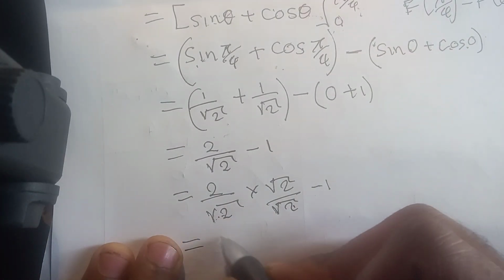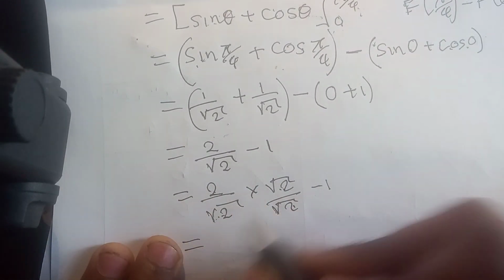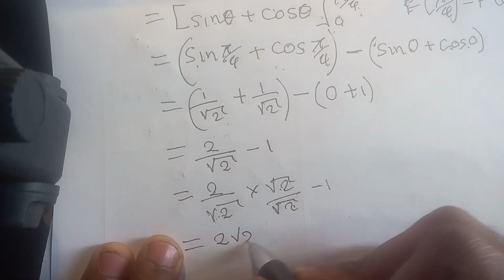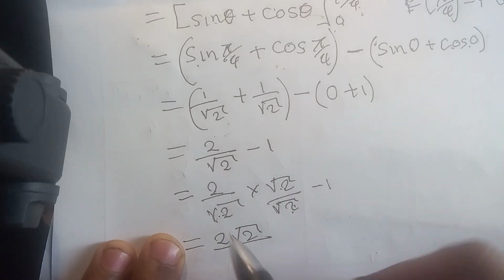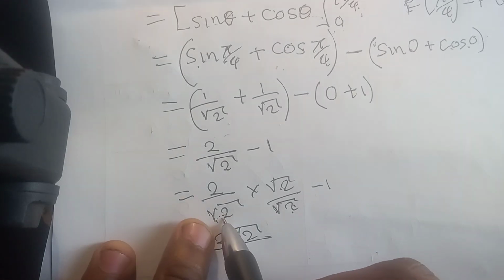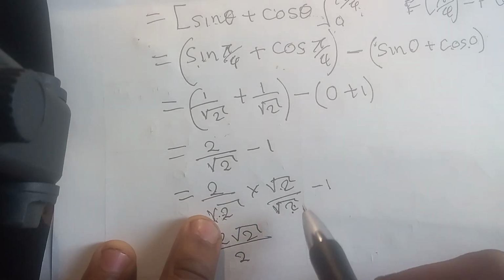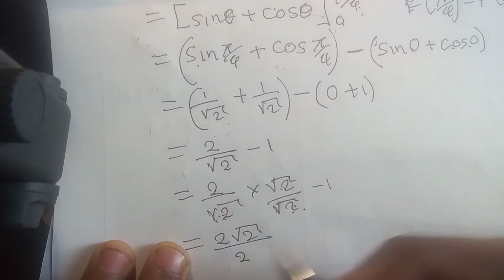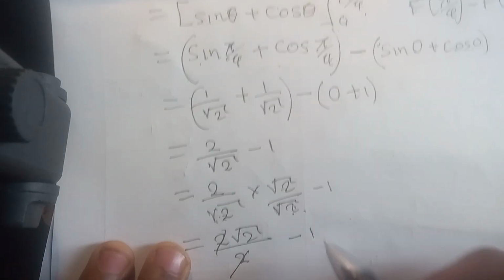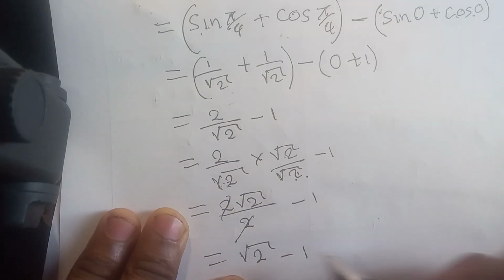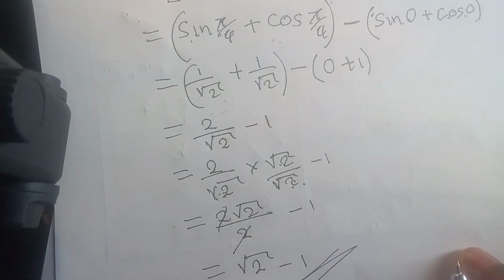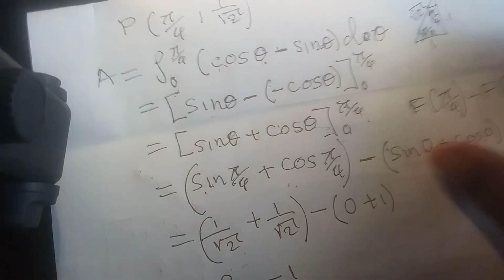So this times this gives us 2 root 2. Then this times this gives us a 2. Remember, this is the same as root 2 times root 2, which is the square root of 4, which is 2. Then you can cancel these 2 out, so that you have the square root of 2 minus 1 as your final answer. So this is the second method.